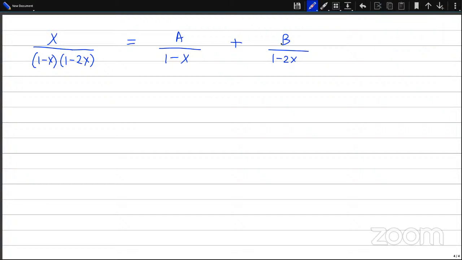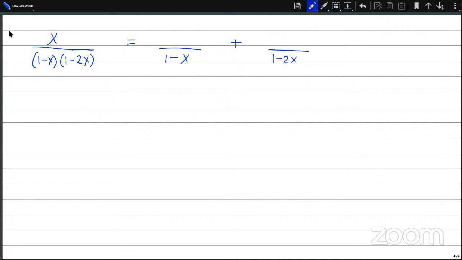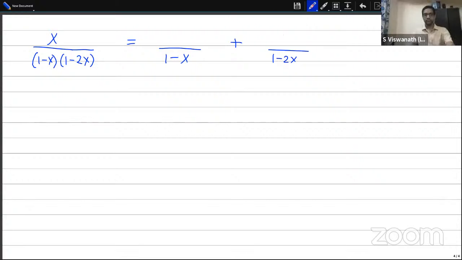First multiply 1 minus x into 1 minus 2x both sides, and then substitute x equal to 1. Wonderful. So multiply both sides by the denominator, 1 minus x into 1 minus 2x, and then substitute x equals 1 or substitute x equals half to get the other coefficient. So the usual method. Can someone tell me what the answers will be? A should be minus 1. Okay, b.